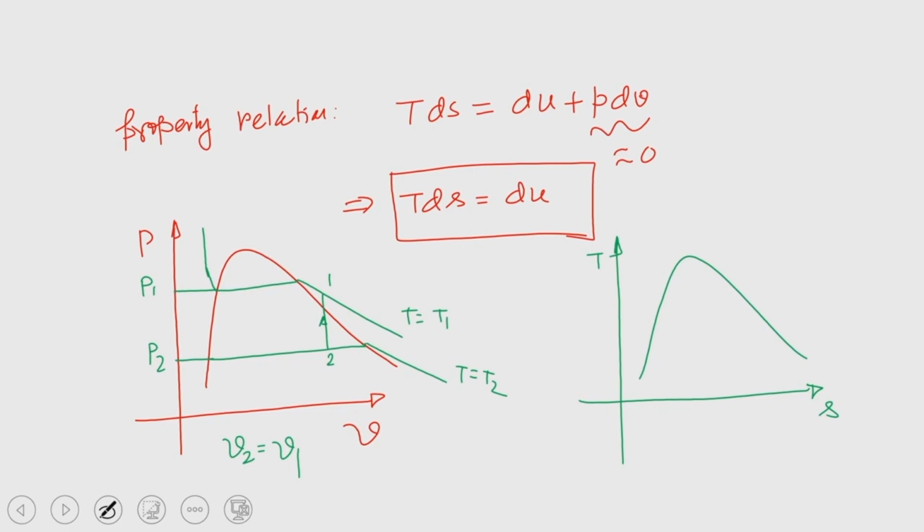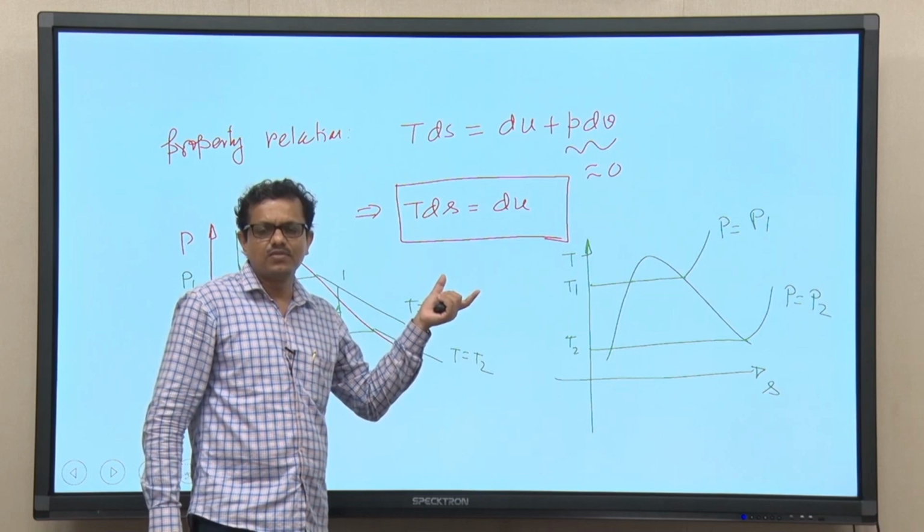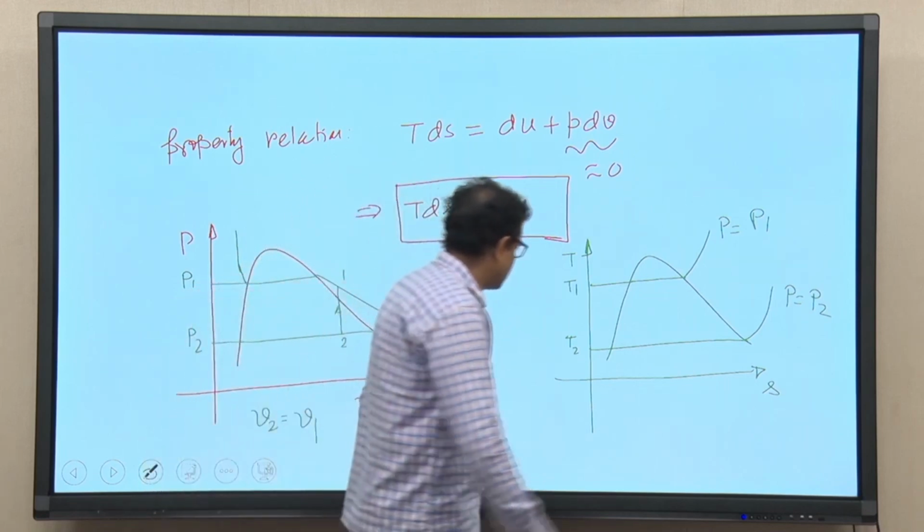You know that this is the TS plane. Say this is temperature T1 and this is temperature T2. You can understand that T1 is greater than T2 from this particular expression. Say this is P equal to P1, this is P equal to P2. I am assuming that you already have learned these PT, TV, PV diagrams from your basic thermodynamics course.